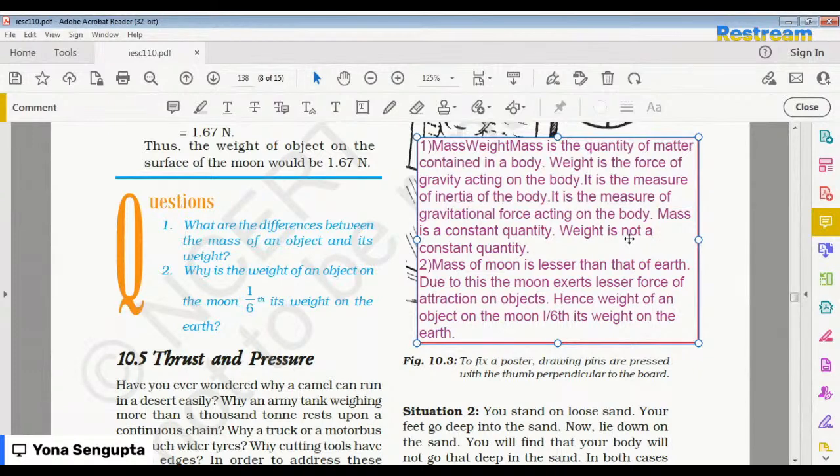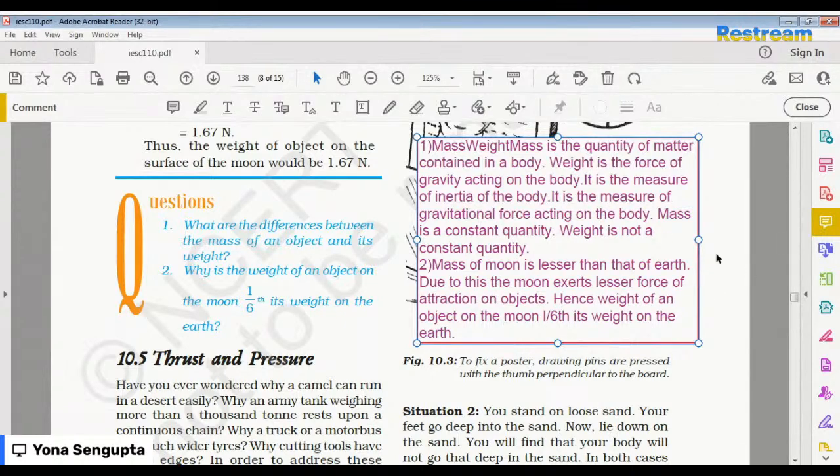Okay, so the mass of an object m remains constant at all the places, and acceleration due to gravity changes from place to place. So we can say that the weight of an object depends on the acceleration due to gravity. So on the moon, the acceleration due to gravity is one-sixth that of the Earth, and this is the reason why the weight of an object on the moon is one-sixth of its weight on the earth. Clear?